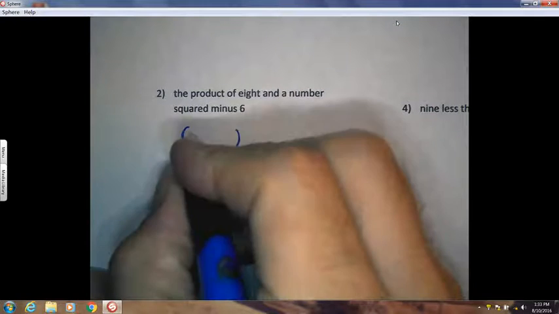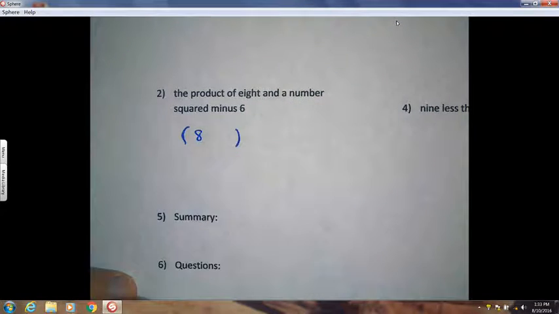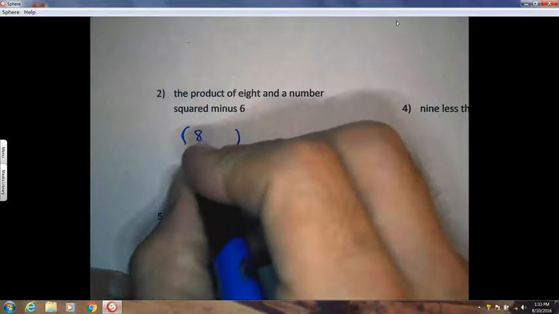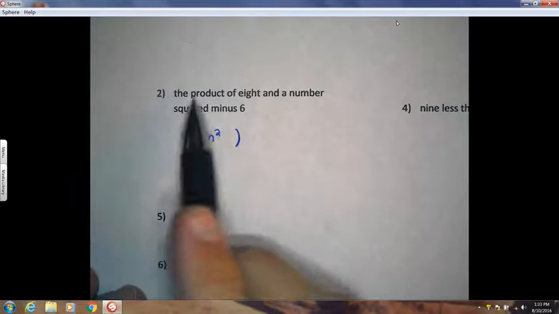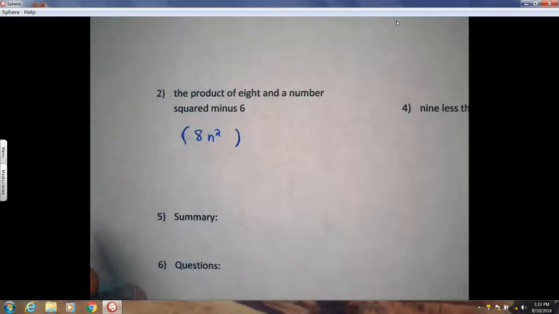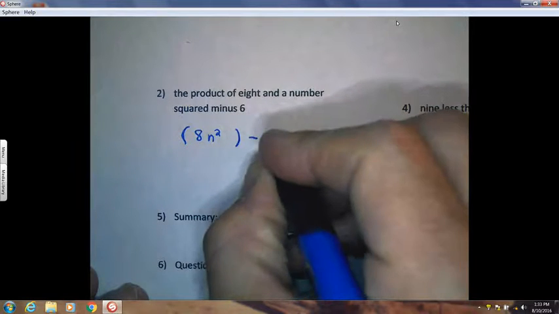So I'm multiplying 8 times a number squared. So I'm going to put n to the second power, which is squared. Do not put a multiplication sign between those. Put them right next to each other just like I did. 8n squared. So this is the product of 8 and a number squared, and then minus 6.